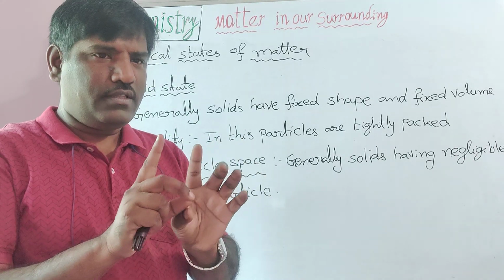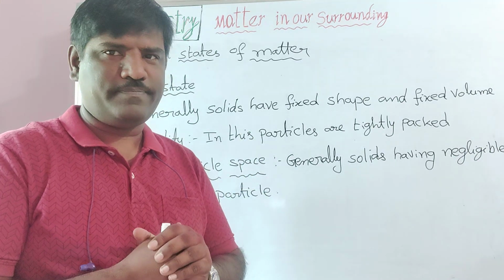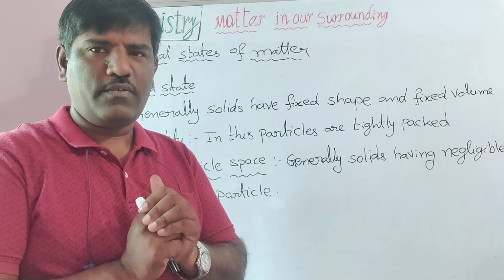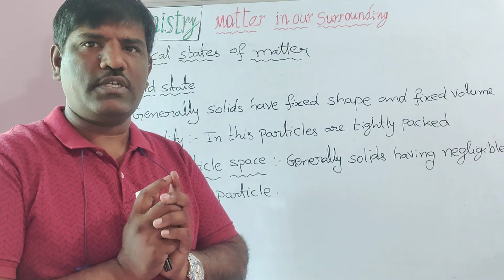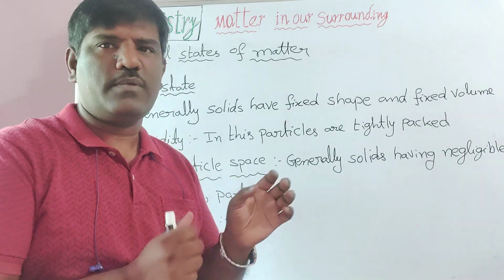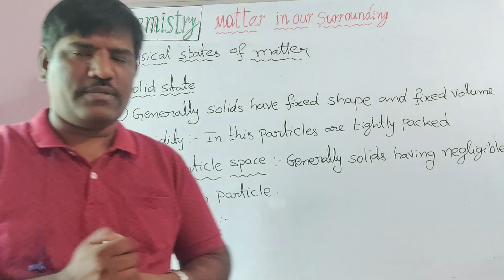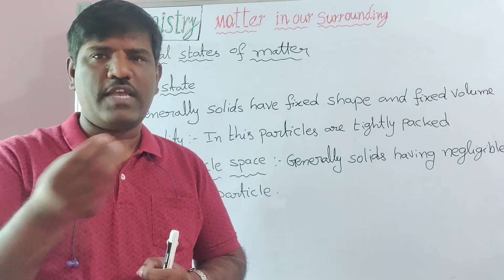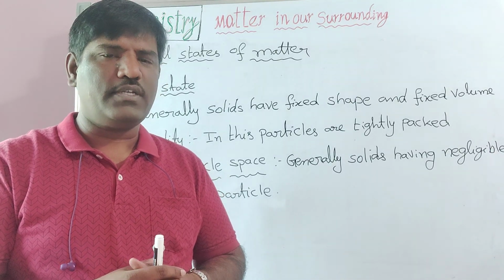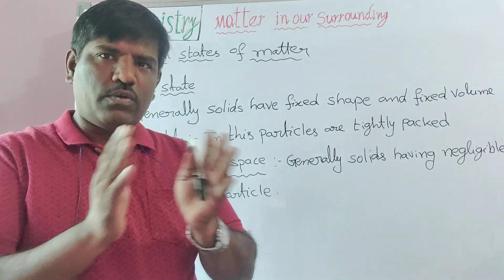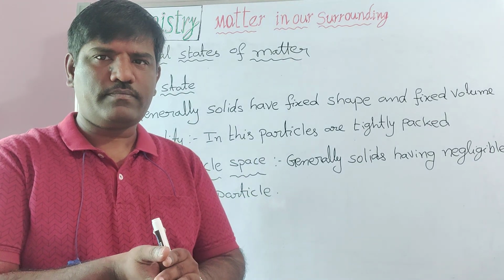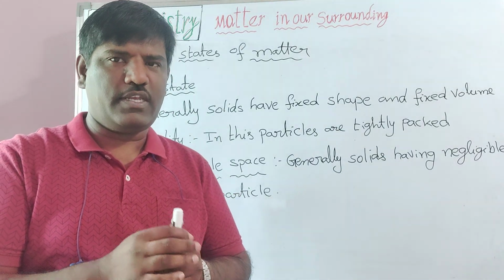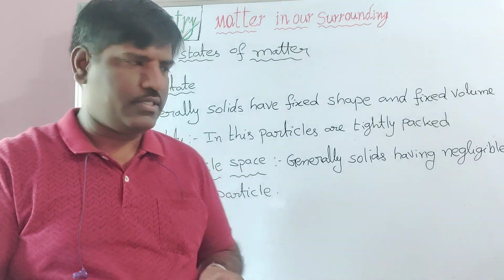If you stretch it, the shape and volume will change. Only until stretched will it have a different shape or volume, but once the stretch is removed, it goes back to the same position. Even a sponge has small air gaps, and cotton also has small air gaps. Because of that it looks like more volume, and between the particles more space is present. That we can clearly observe. These are some exceptional cases.